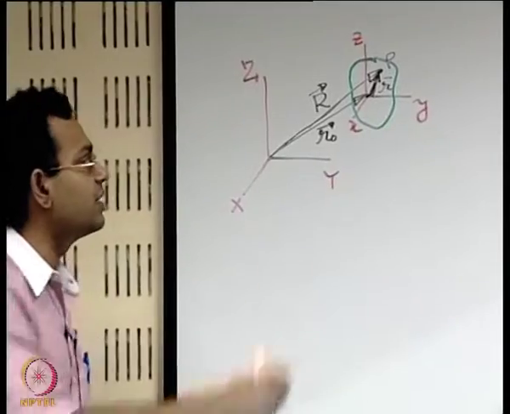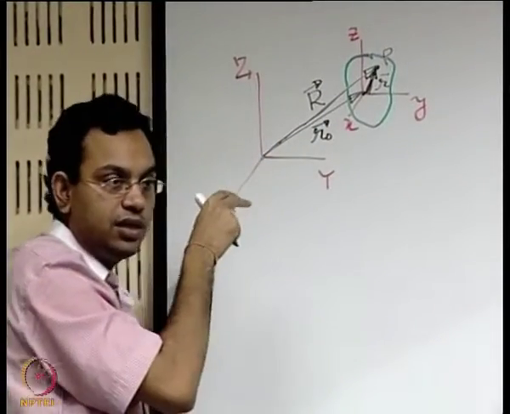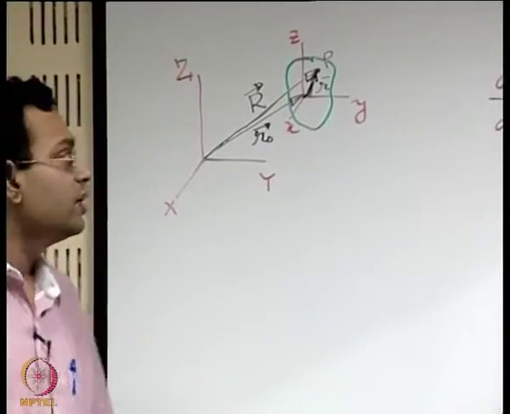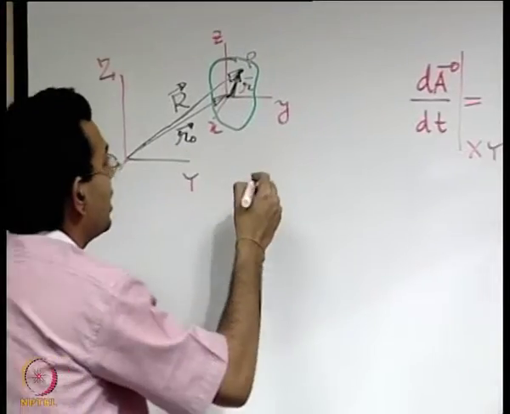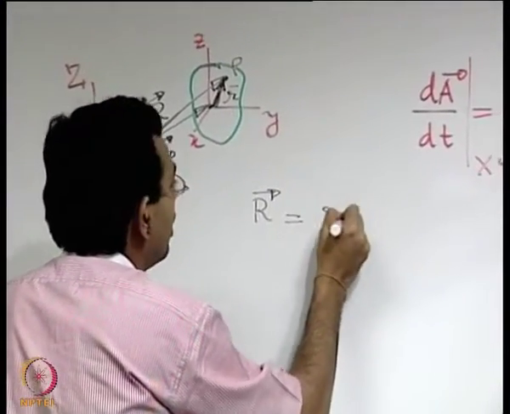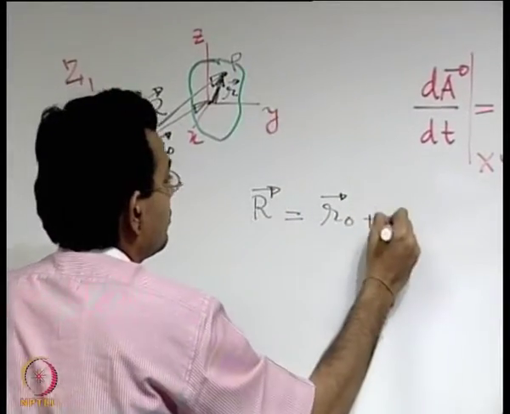So, capital R is the position vector of the same point P relative to capital X Y Z origin and small r with respect to small x y z origin. So, directly from vector addition we can write capital R is equal to r naught plus small r.